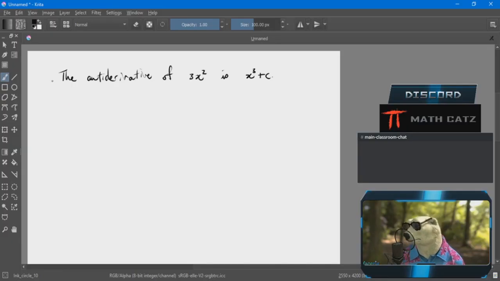That sentence we just write in a short, compact way and call it the indefinite integral.